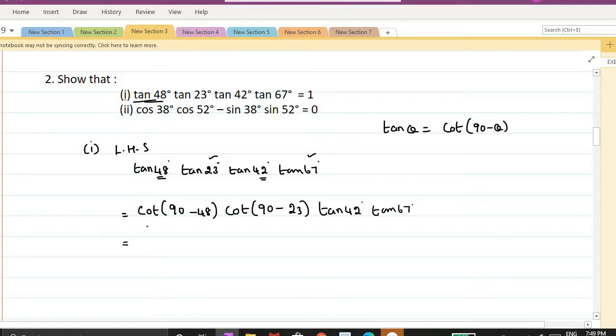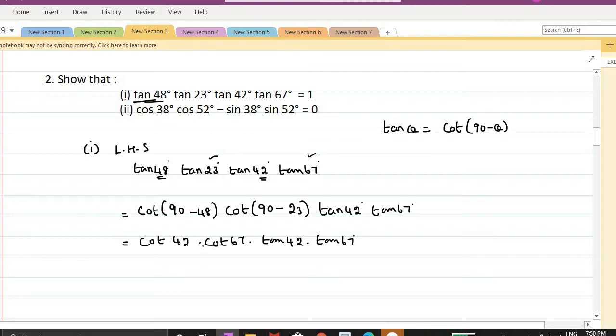Which is equal to cot 90 minus 48, cot 42, into cot 90 minus 23, 90 minus 23 is 67, cot 67, into tan 42 into tan 67.